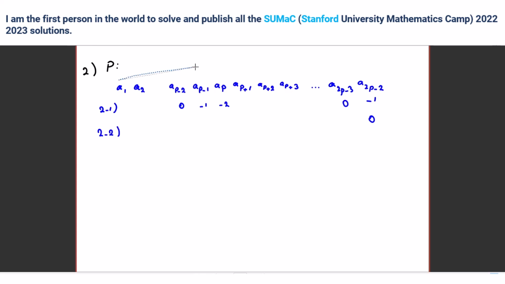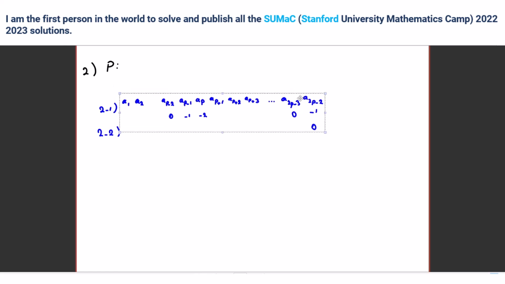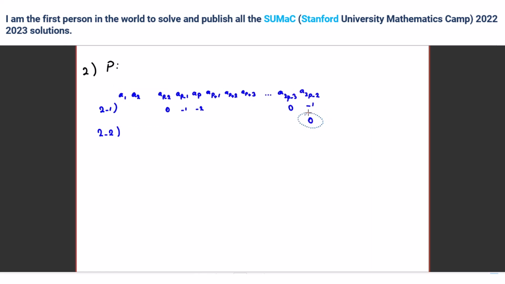Okay, so let me minimize it. And this case is 0. For this one, we raise to the power of p minus 1. For this one, we raise to the power of p.